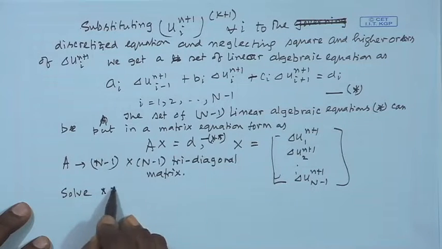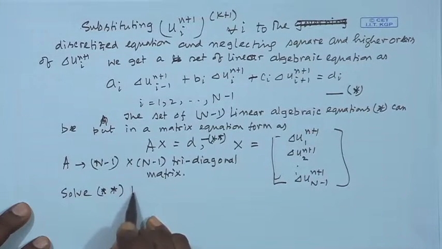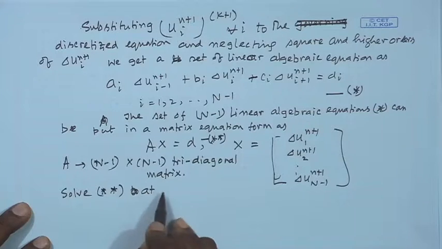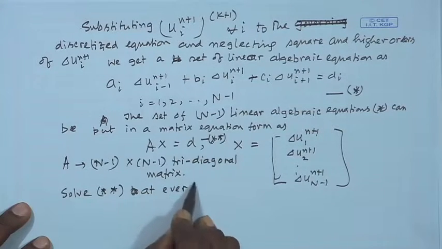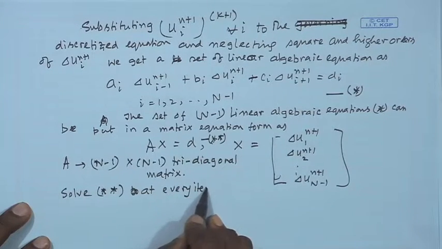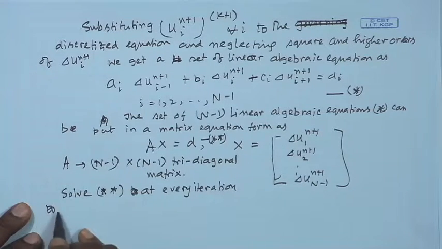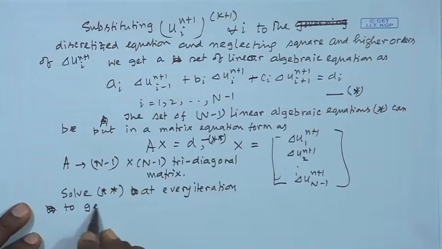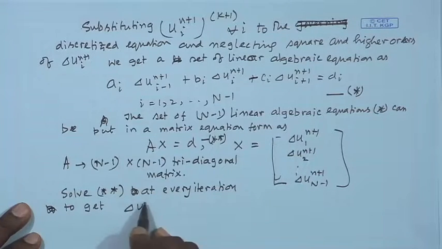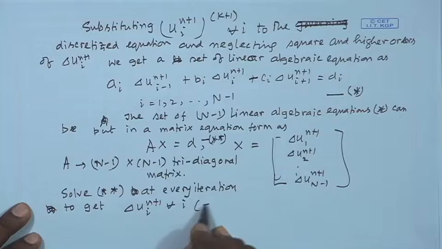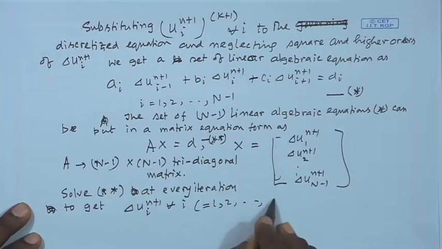Solve double star at every iteration to get delta u n plus 1 i for all i. For all i means i equal to 1 to n minus 1.